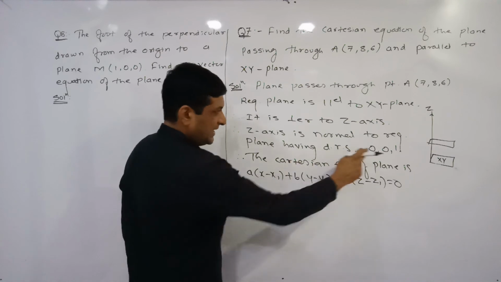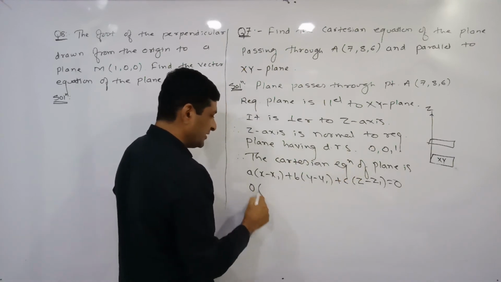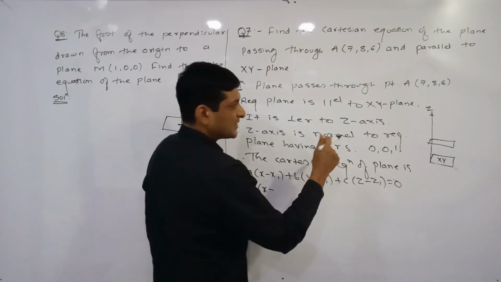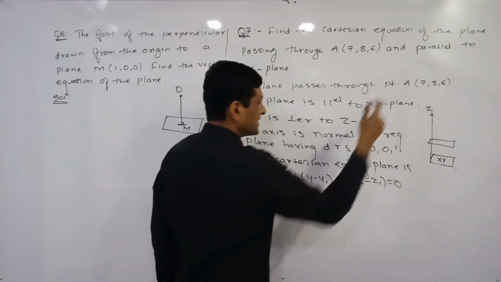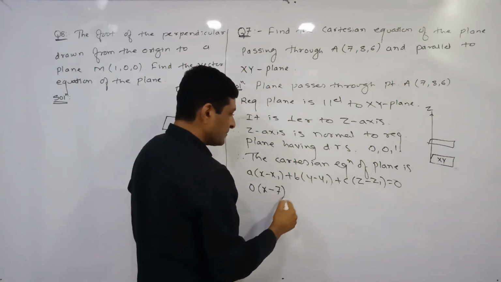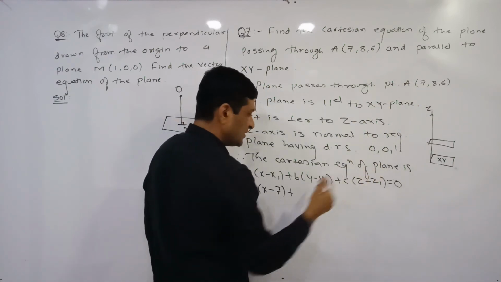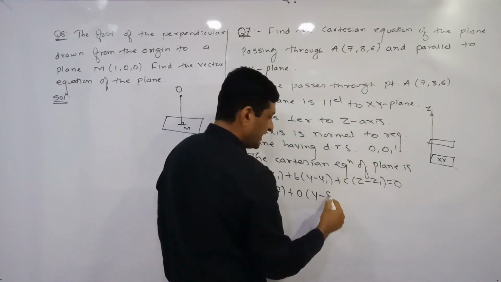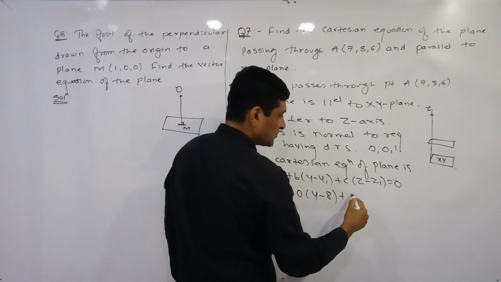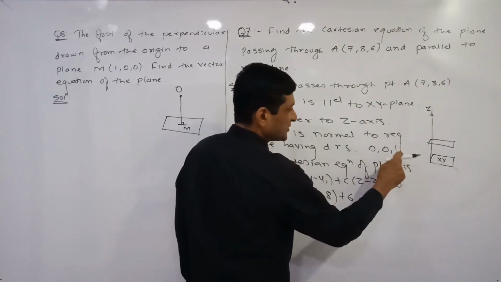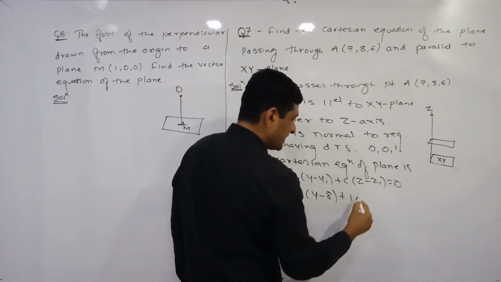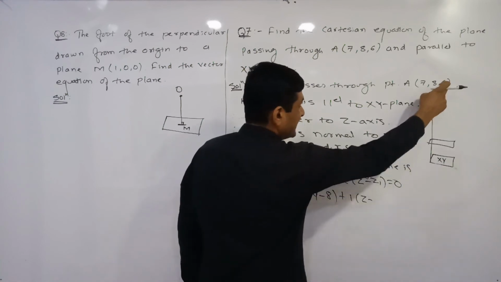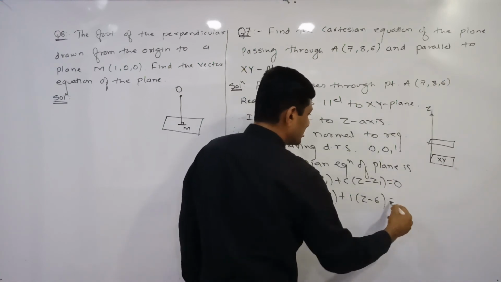I am replacing a. A means 0. 0 into x minus x1. x1 means the x coordinate, which is 7. Plus b. B is also 0 here. 0 into y minus y1. y1 is 8 here. Plus c, which is 1, into z minus z1, which is 6, is equal to 0.